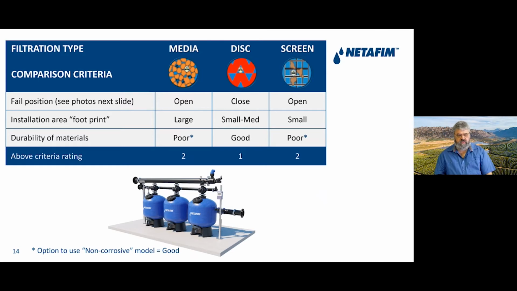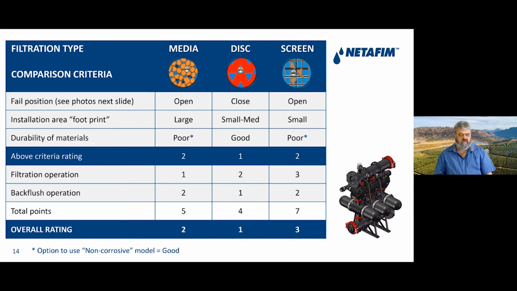Okay, so if we now take all three different categories, the filtration operation, the backflush operation, and the criteria that we did on this slide, the fail position, the area of installation, and the durability, and take the sum of all of them, then you can see that the fully automatic disc filter comes out tops, first prize, then secondly the media filter, and thirdly the screen.